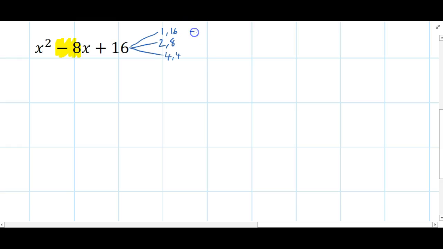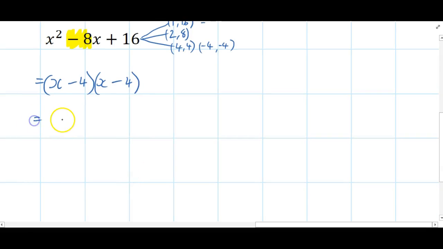Negative 4 and negative 4 multiply together to get 16 and add together to get negative 8. So in our answer we have x minus 4, x minus 4. This is actually a perfect square, so you can simplify further by saying x minus 4 all squared.